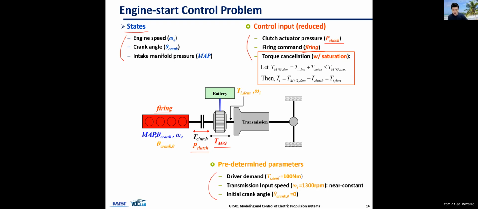Let's assume driver demand is this value, and let's say vehicle speed and gear ratio is fixed, then transmission input speed is known, and let's say the initial crank angle, the engine angle, is also known. Then what do you see? Do you think we can solve this using dynamic programming?